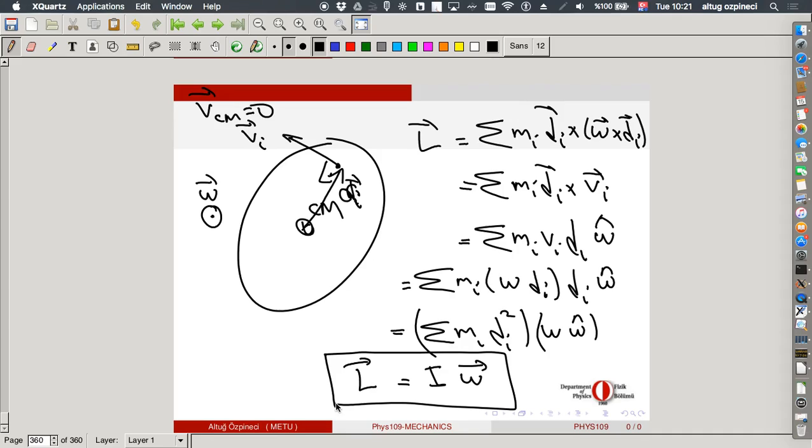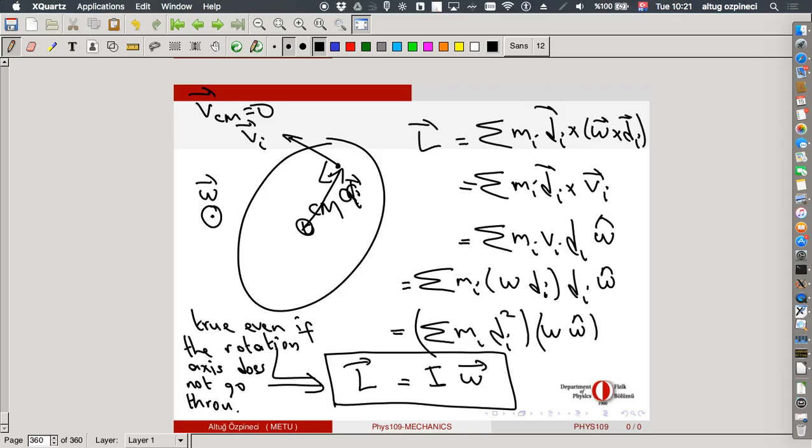Now this is true even if the axis doesn't go through the center of mass. The only thing we assume in all of this derivation, in fact, is that the rotation axis is fixed.